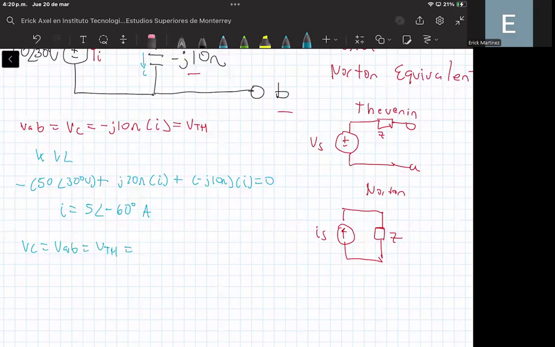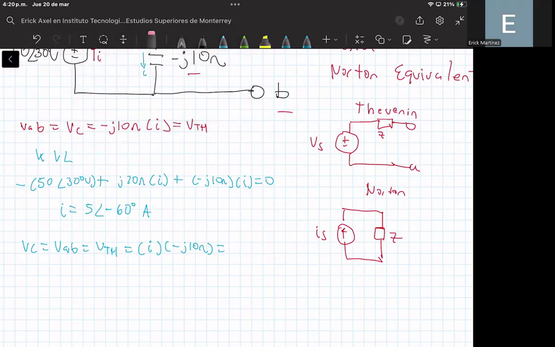Okay, and the voltage of the capacitor is equal to the current I times the impedance of the capacitor, that is J times 10 ohms. Okay, and this is equal to 5 with an angle of minus 60 degrees.